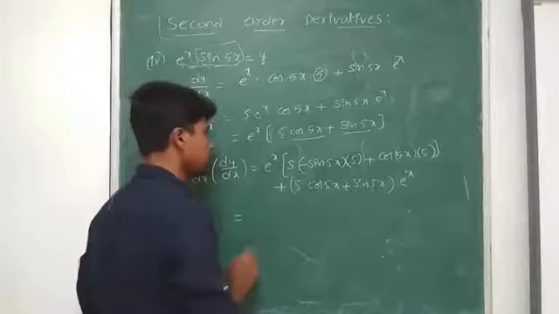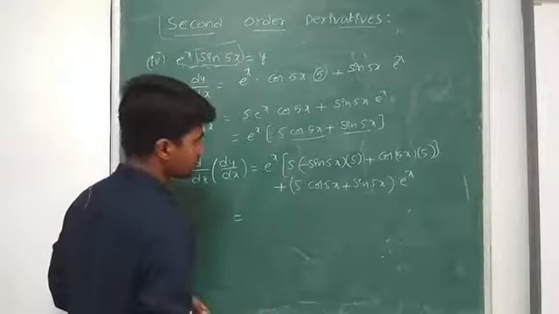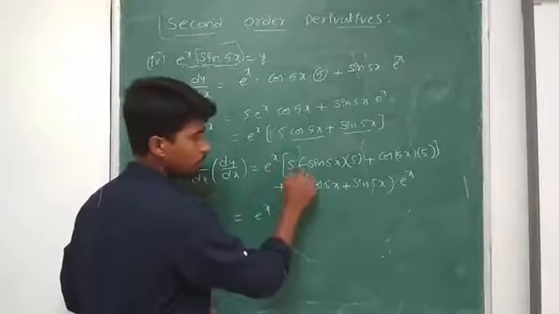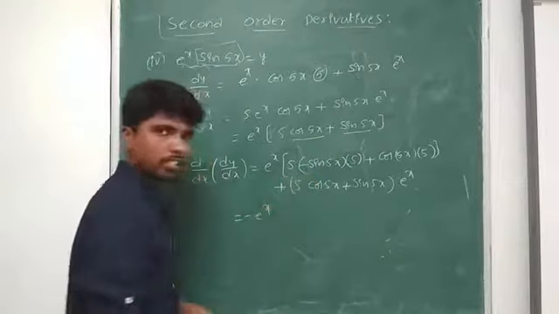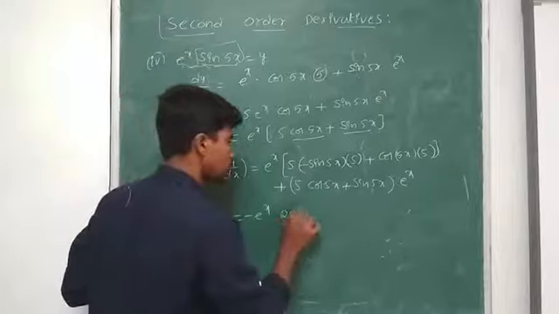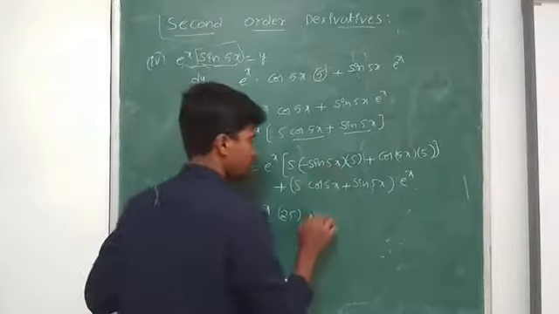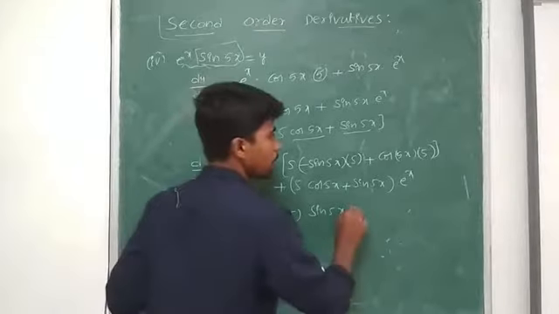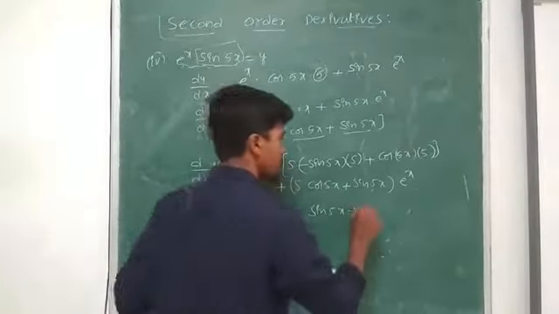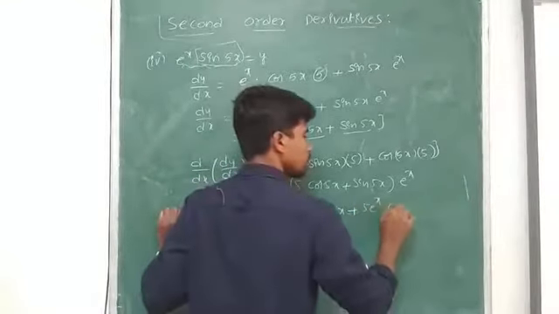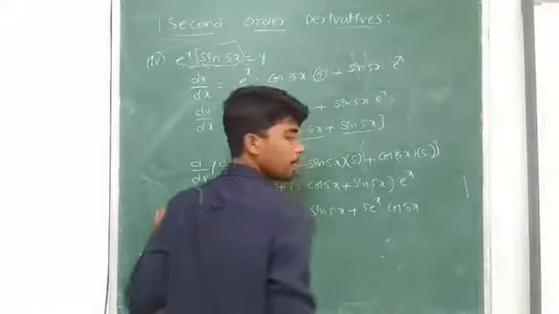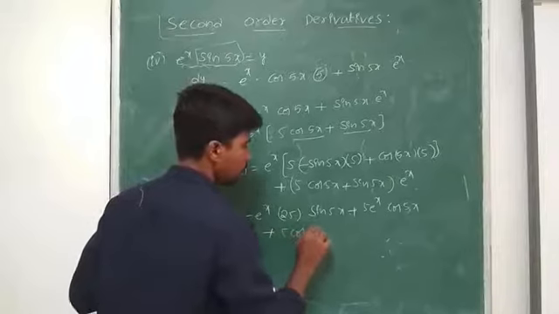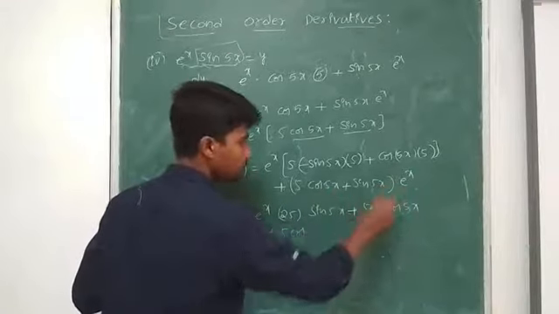Now simplification, multiply everything, e power x into minus into plus minus, so I can write it as minus e power x into 25 into sin 5x, plus 5 into e power x cos 5x, plus 5 into cos 5x into e power x.